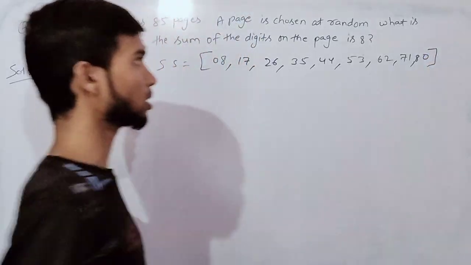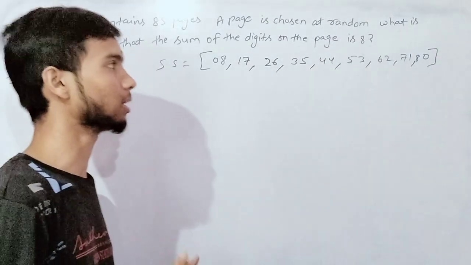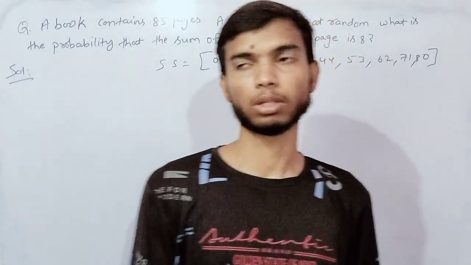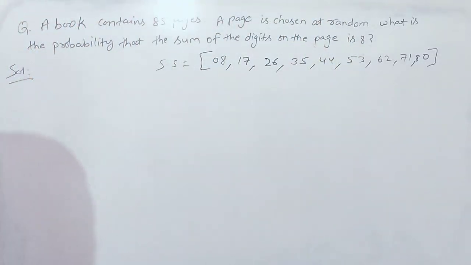So these are the numbers that will come between 0 and 85, and the digit sum of each number is giving 8. That's why we have chosen these between 0 and 85.